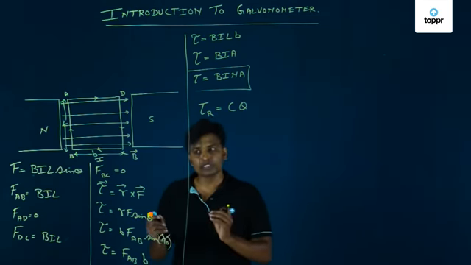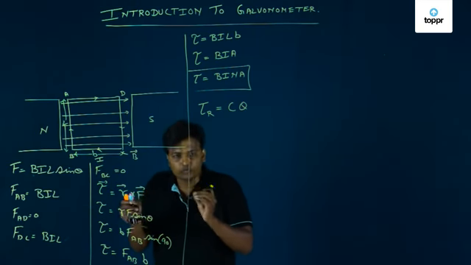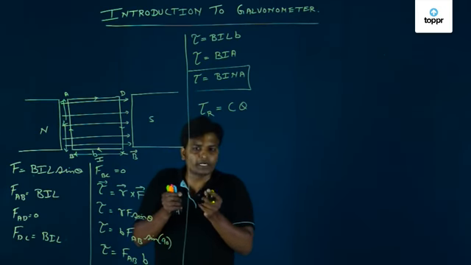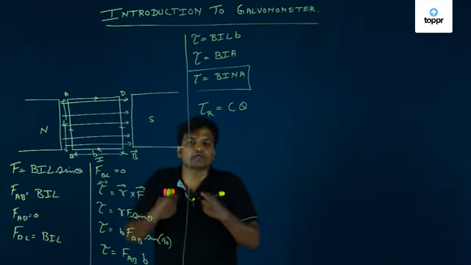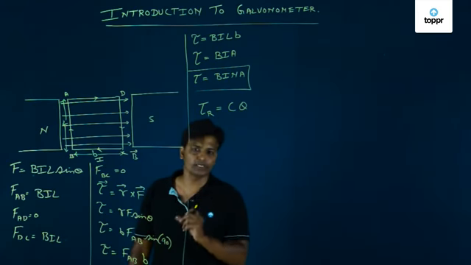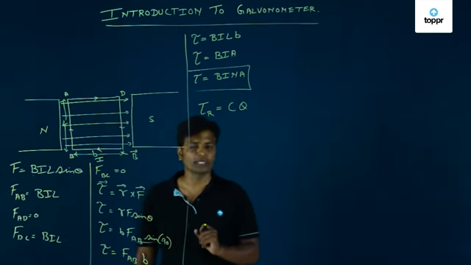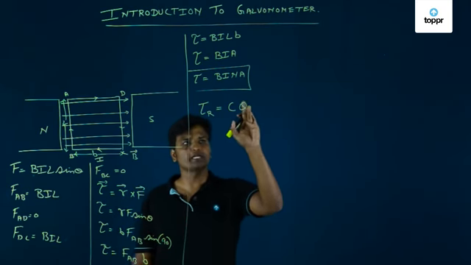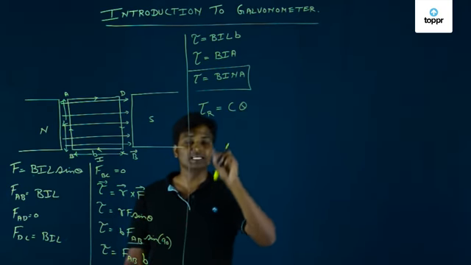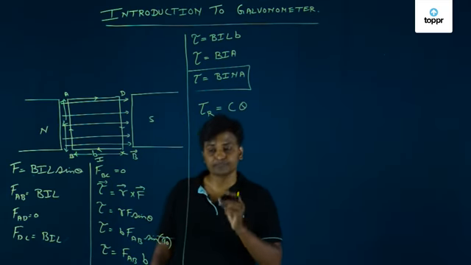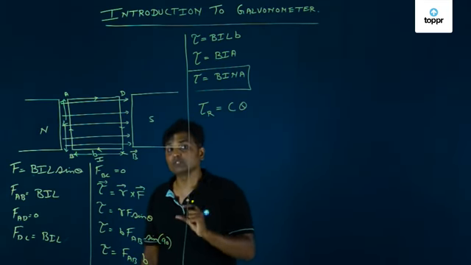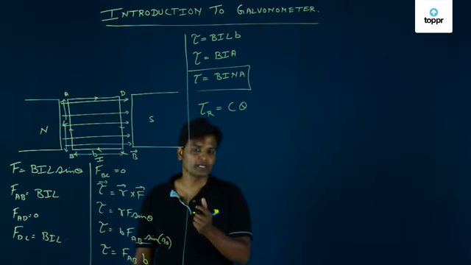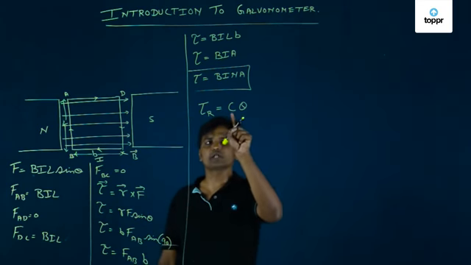The more this coil rotates, the more the needle gets deflected, and the more restoring torque there will be in the helical spring. So the restoring torque is directly proportional to theta, the deflection. C is the torsional constant, because this torque also depends on the material of the helical spring. So restoring torque is equal to C into theta.